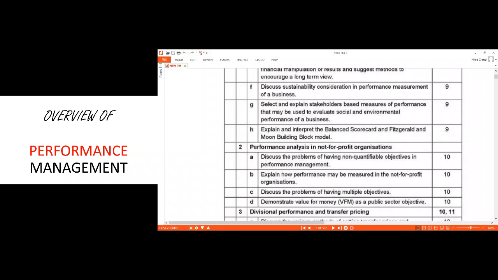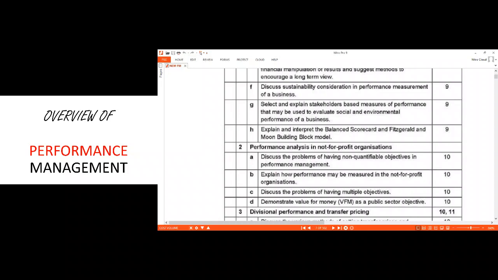Then performance analysis in an NGO, as we call it in Nigeria, a not-for-profit making organization, we're going to look at. And under that, we'll be discussing the problems of having non-quantitative objectives and how non-quantitative objectives can be measured in an NGO, that is a not-for-profit making organization.